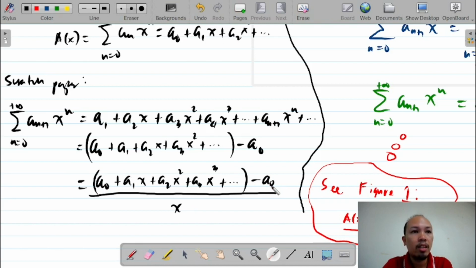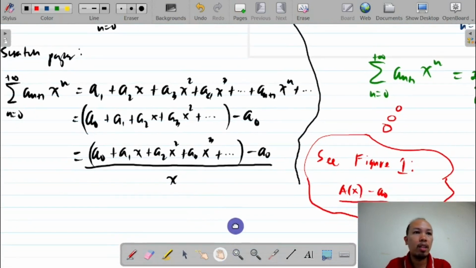Okay, and then a sub 1 x divided by x is a sub 1, which is equal to this one here. A sub 2 x squared divided by x is just the same as a sub 2 x, and so on and so forth.